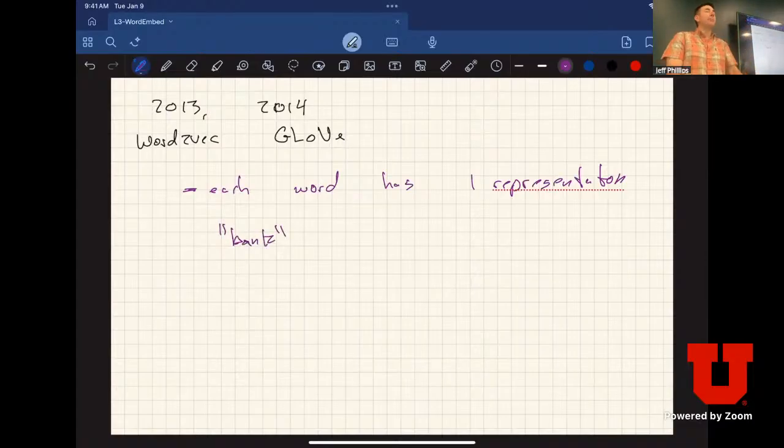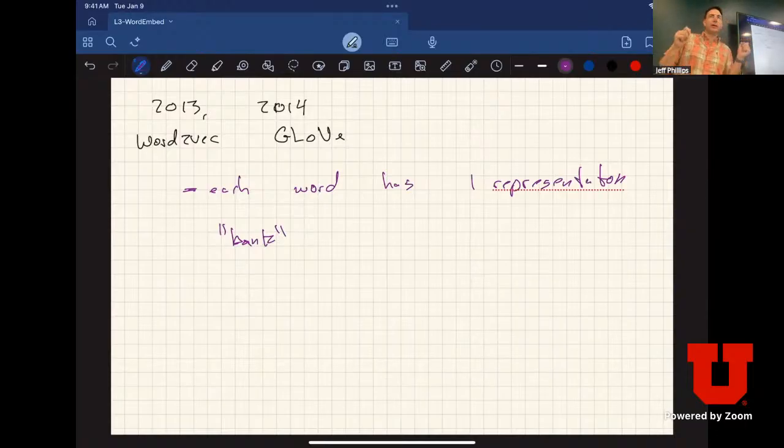Bank could be the bank of a river or a place where you store your money. They're both nouns, but they have very different meanings and contexts. Yet there's a single representation for the word bank, and there are a lot of words with multiple meanings that each had exactly one representation.